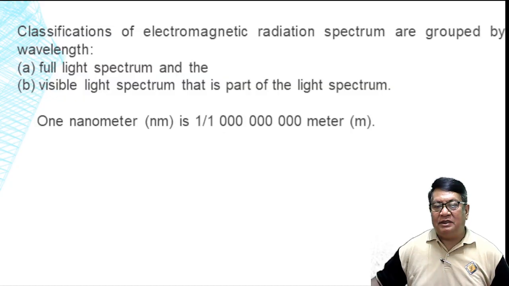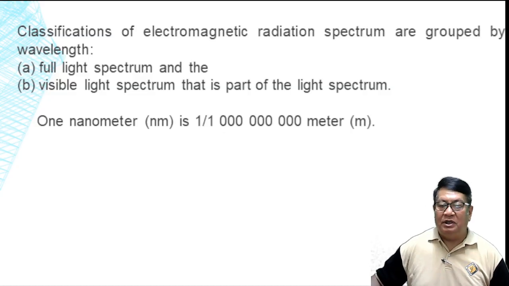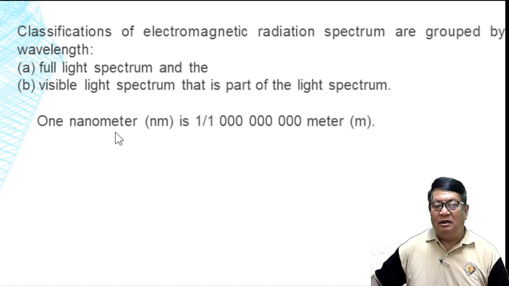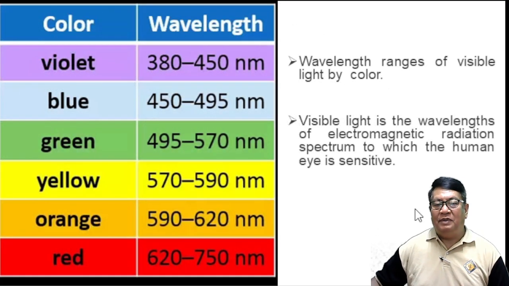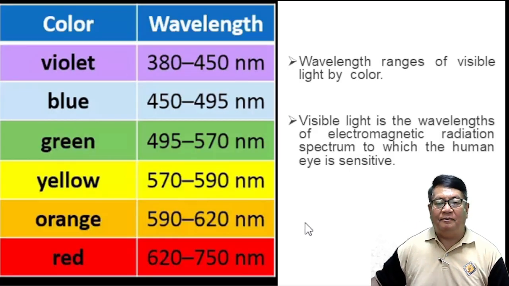Now, we have the classification of electromagnetic radiation in a spectrum, which is by wavelength. This is the full light spectrum and the visible light spectrum. This is the conversion of 1 nanometer to meter. Next, we have the equivalent wavelength per color.